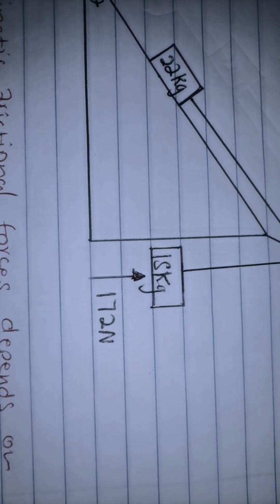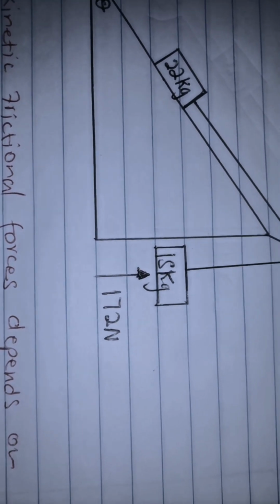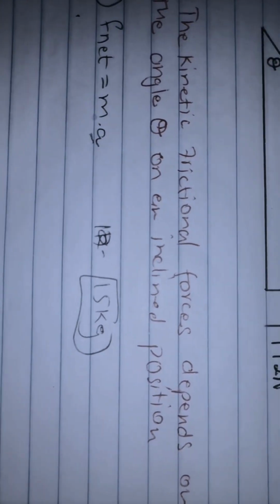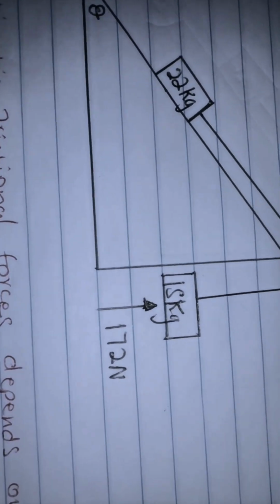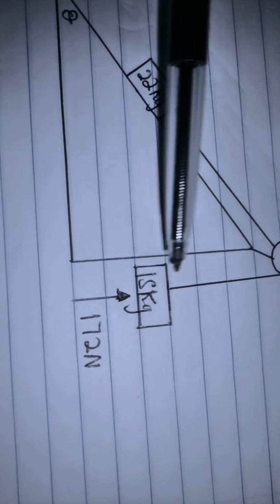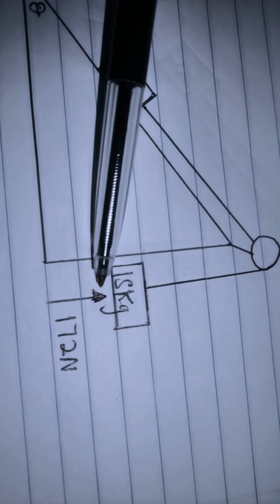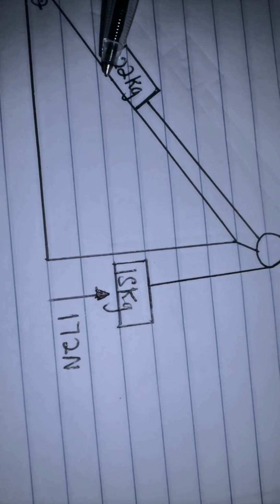Remember, 2.4 said that if a force of 172 newtons is applied on the 22 kg block and the system of blocks accelerates down the slope, and this force is being shown on this 15 kg block, it means this force applies on both the blocks, not only the 22 kg block.